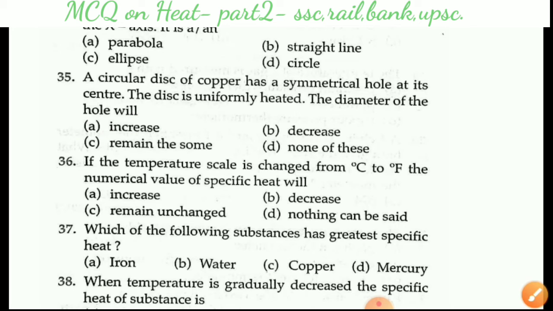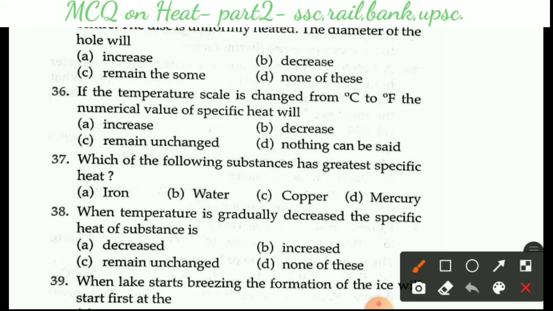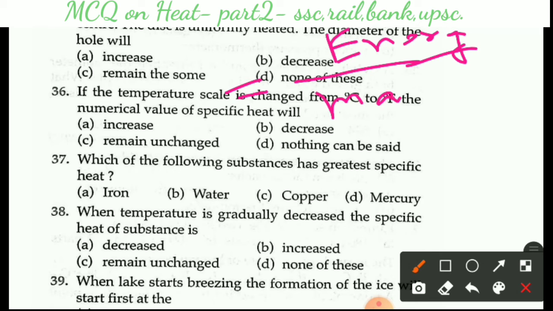Next question is 36. If the temperature scale is changed from Celsius to Fahrenheit, the numerical value of the specific heat will A: increase, B: decrease, C: remain unchanged, D: nothing can be said. The specific heat is equal to energy divided by mass into temperature.